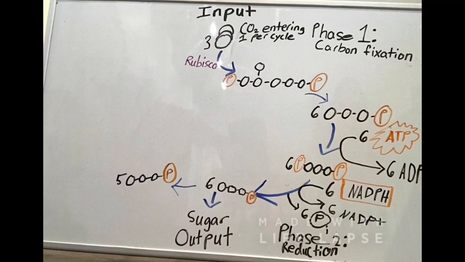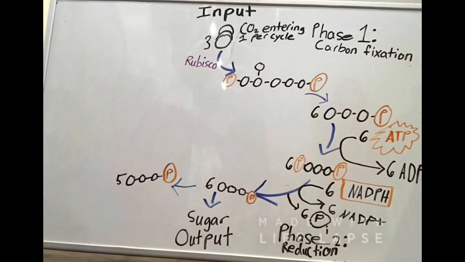Now there are 18 carbons worth of carbohydrate in the form of 6 molecules of G3P. 1 molecule exits the cycle to be used by the plant cell, but the other 5 molecules must be recycled to regenerate the 3 molecules of ribulose bisphosphate.